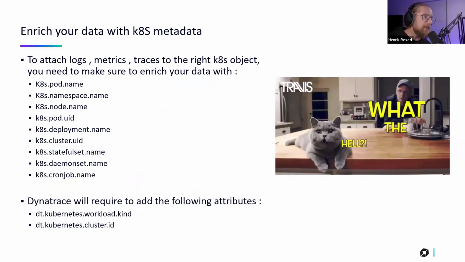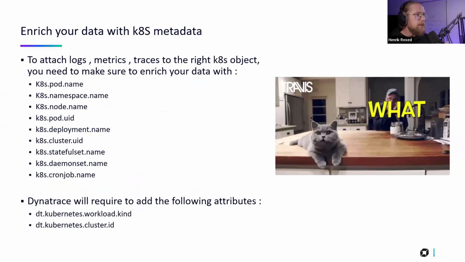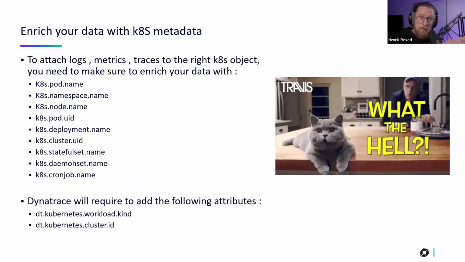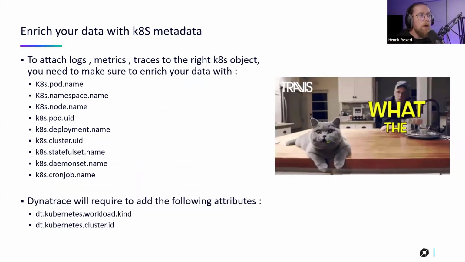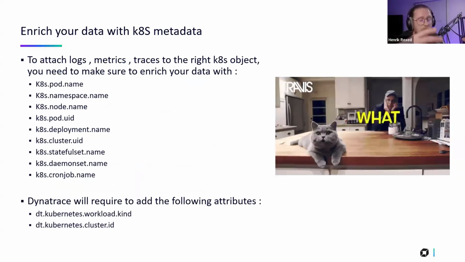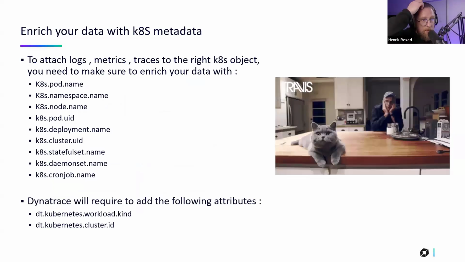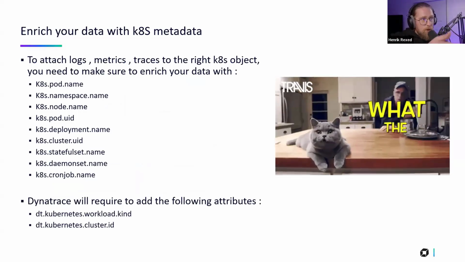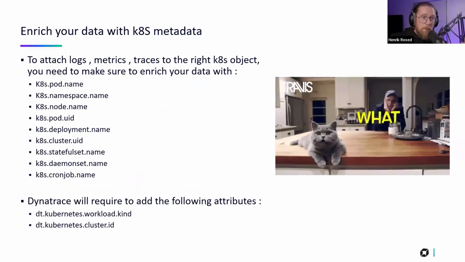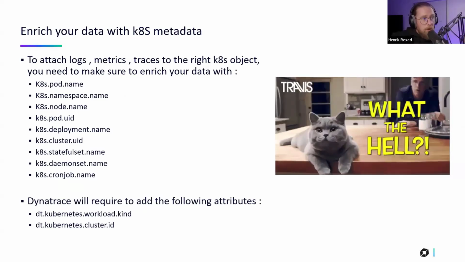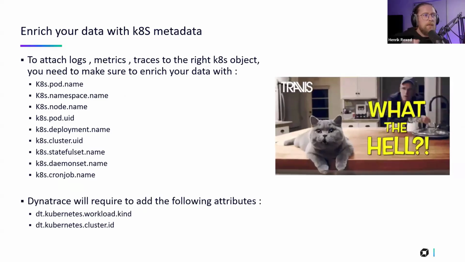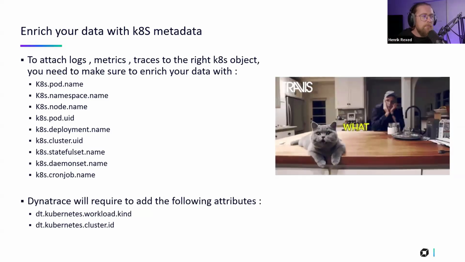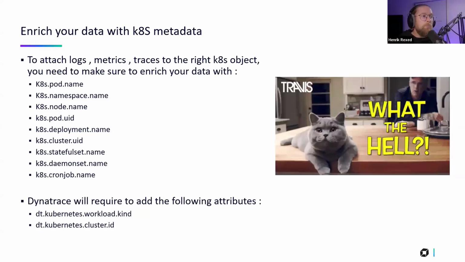So, enriching the data. When it comes to data coming from Kubernetes, if you want to be able to index it to the right objects, so logs and metrics that we talked about a few minutes ago, you need to have in the metadata, as resource attributes of your logs or of your metrics, the pod name, the namespace, the node name, the deployment name, stateful set name, daemon set name, cron job name, depending on the object, of course, and then the pod UID and the cluster ID.